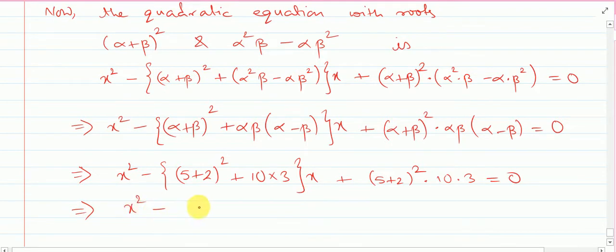X square minus, here 5 plus 2 is 7, so you get 49, and here 30, and here 49 into 30 equal to 0.